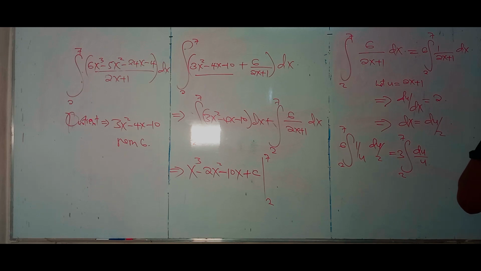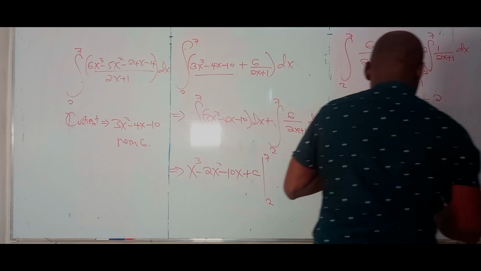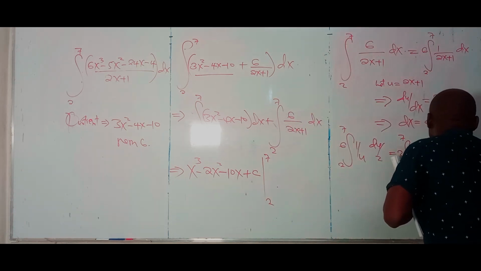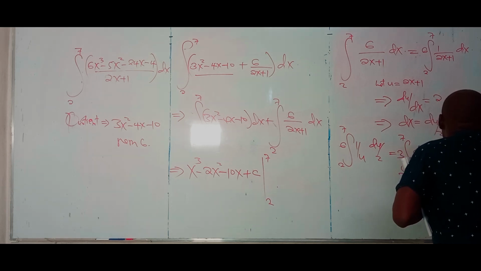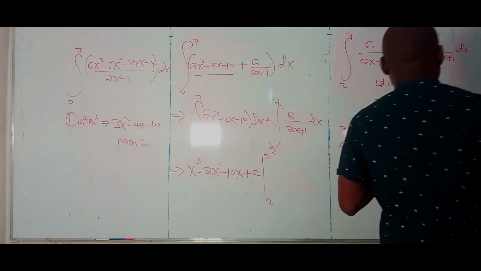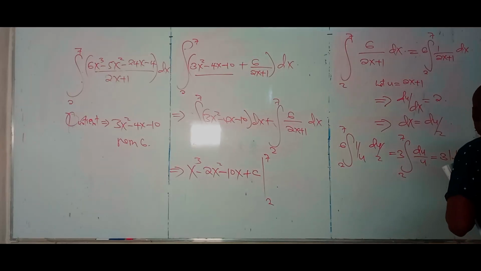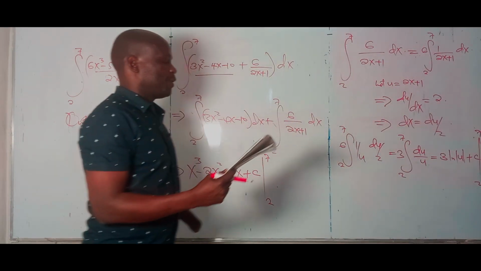What we have is that this now becomes 3 ln u plus c, with limits 2 to 7.